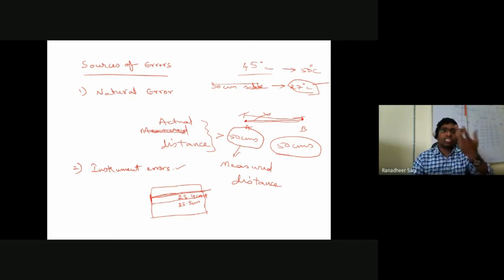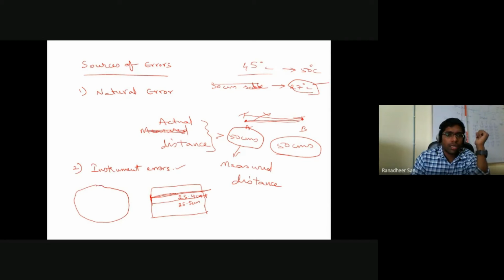Okay, so let's say for example, there is another possibility of your instrument error. In the case of shooting, people try to look at their target, the board on which they are going to carry out their shooting in the competition.